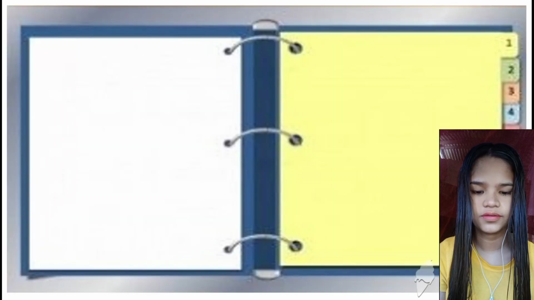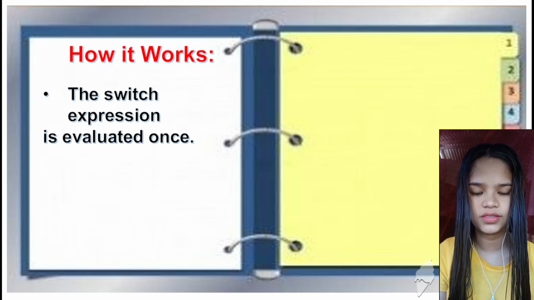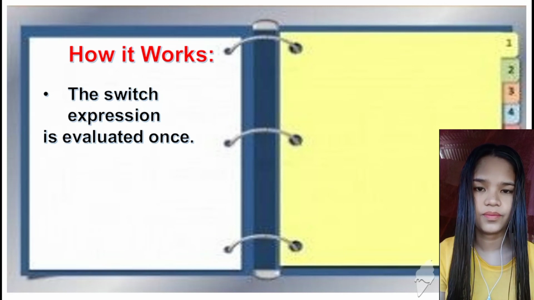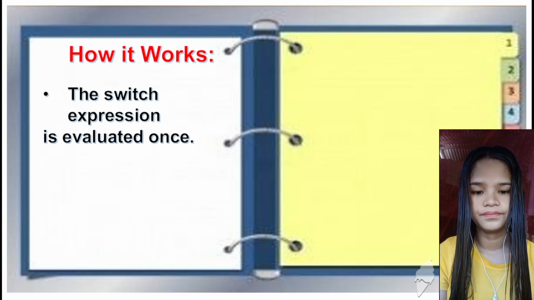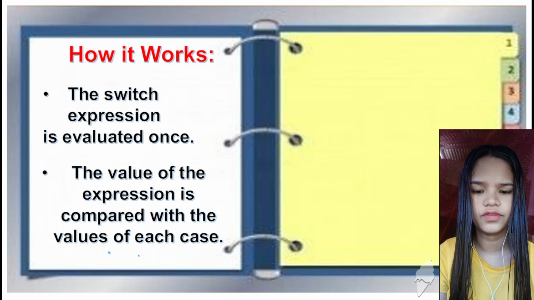So, how it works? First is, the switch expression is evaluated once. So, kaisa ra gyud na siya mo evaluate. Next is, the value of the expression is compared with the values of each case.